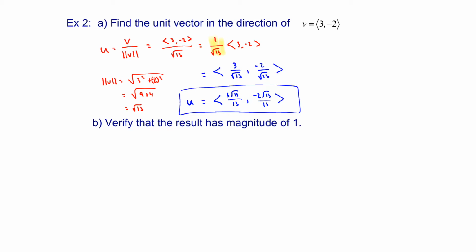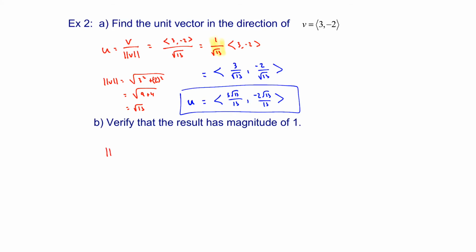So now in part B, we're going to verify that the magnitude actually is 1. So we're going to find the magnitude of the unit vector, which should equal 1. So we will do the distance formula. So 3 square root of 13 over 13, squared, plus negative 2 square root of 13 over 13 squared.